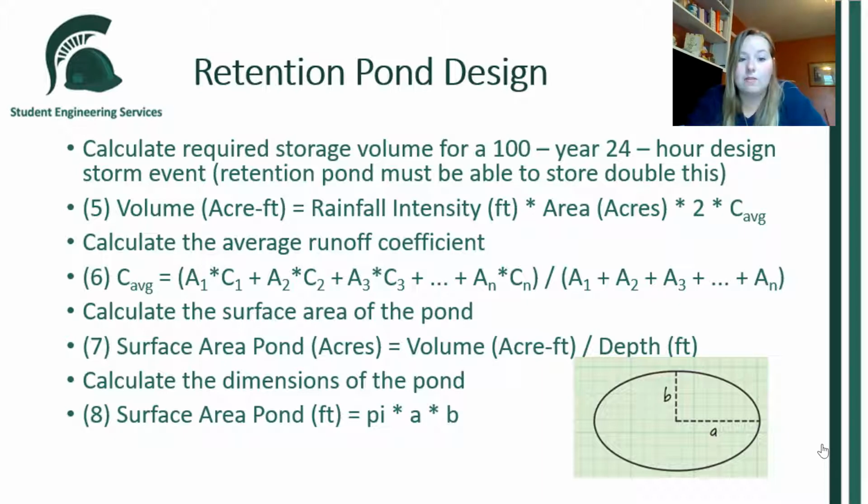To calculate the volume of storage needed, we can multiply the rainfall intensity by the total areas drained in acres, by the average runoff coefficient by 2, and equation 6 shows how to calculate that runoff coefficient. And then we can calculate the surface area of the pond by dividing the volume by the desired depth. And then to calculate the dimensions of the pond, we can solve for the area of an ellipse since the pond is going to be in the shape of an ellipse.